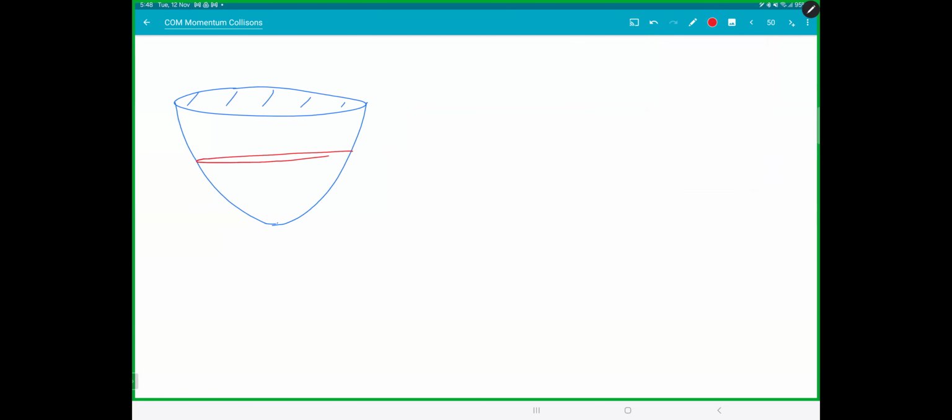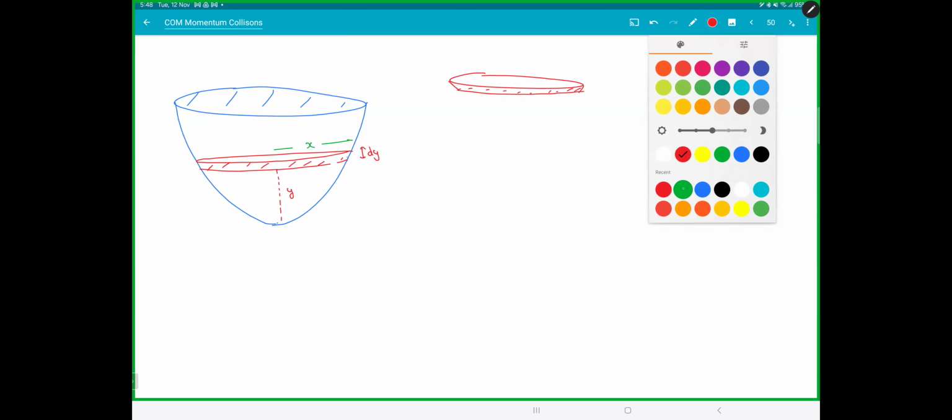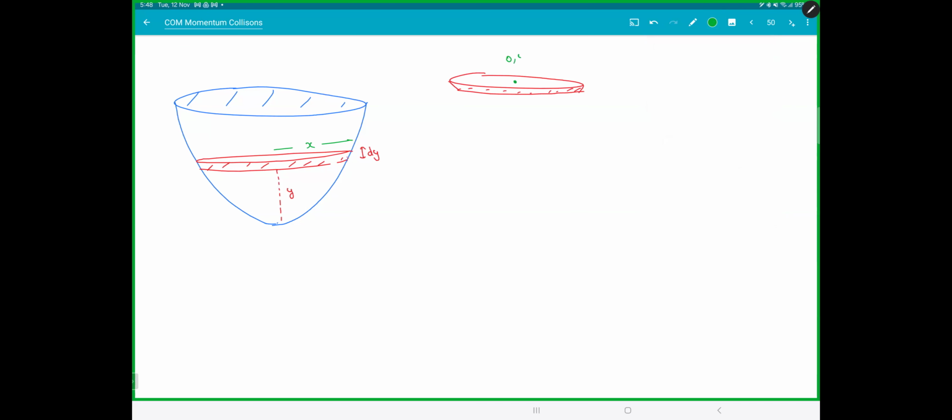We take a thin disk whose thickness is dy at a height y, and this is x. So basically, that is x comma y coordinate. So for this, the center of mass will be 0 comma y. This is the center of mass of the disk. This thickness is dy. This radius is x.